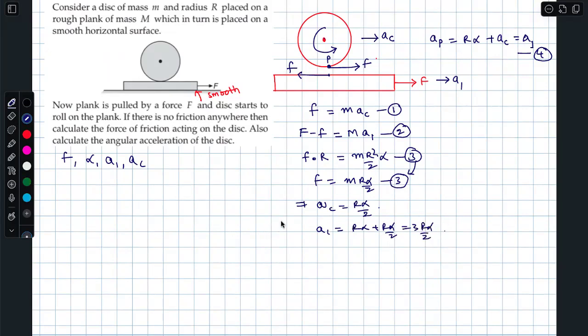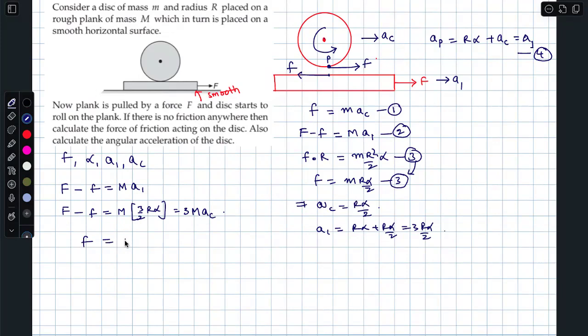It is done, right? Now what you have to do: F minus F is the rough plank of mass capital M, MA1. F minus F is M times 3/2 R alpha. Or you can write R alpha is 2AC also. R alpha by 2 is AC. So this is 3 times MAC.